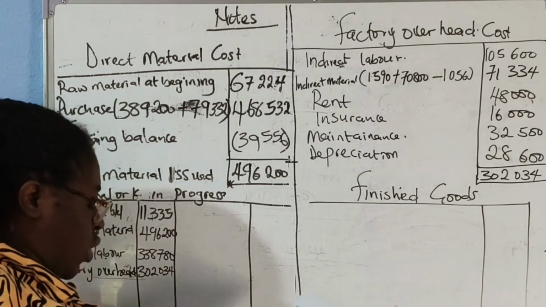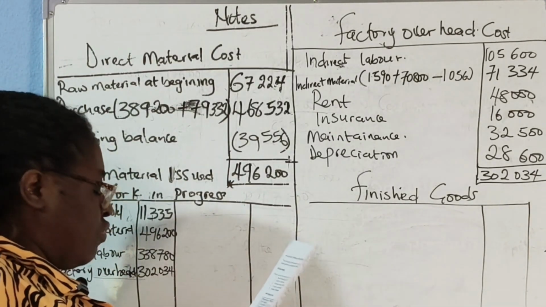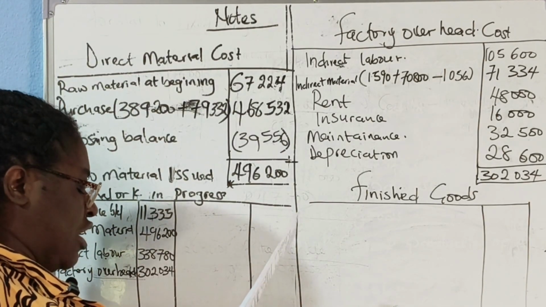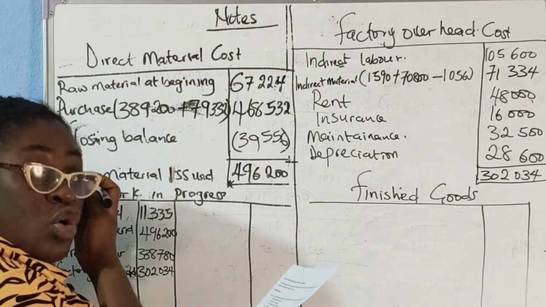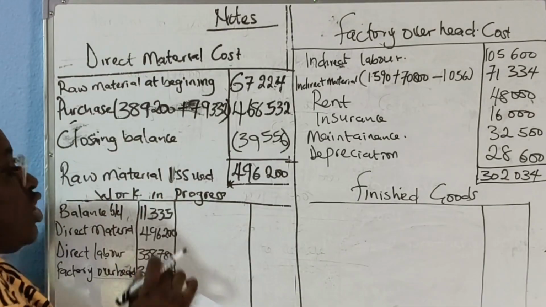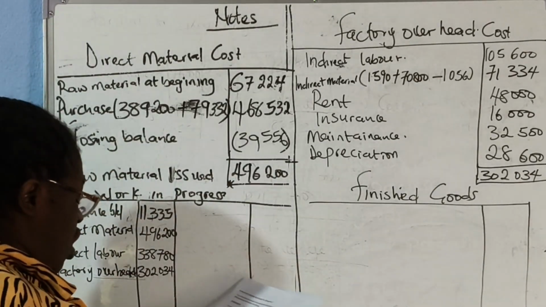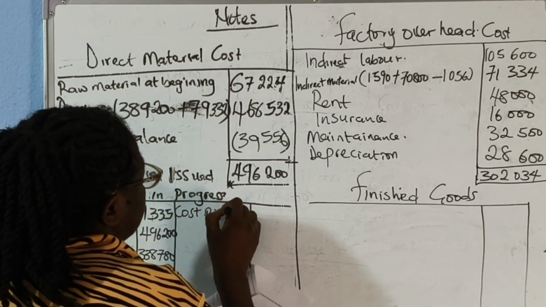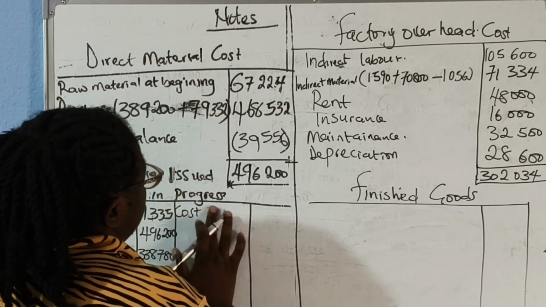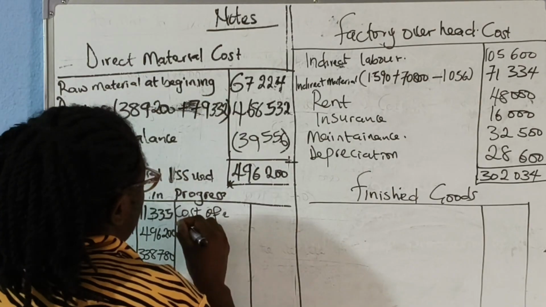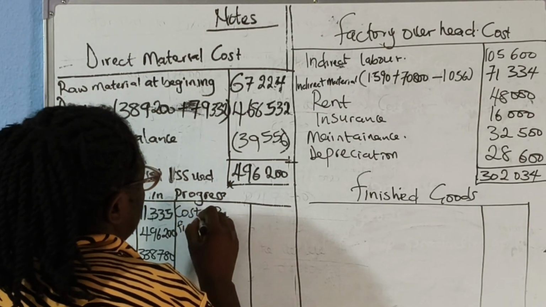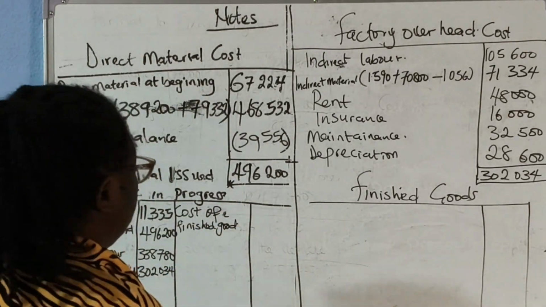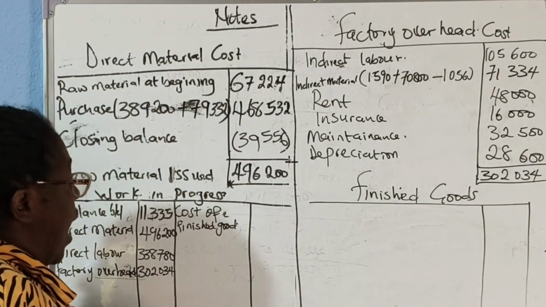If you look at this question, we were already given the cost price of finished goods. The cost price of finished goods goes to the credit side of our work in progress. So we write it as cost of finished goods, which we are going to transfer to our finished goods note.